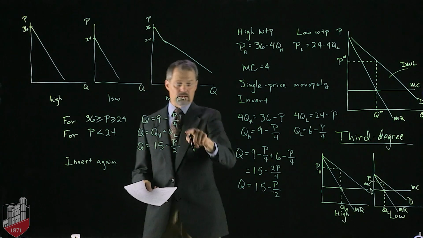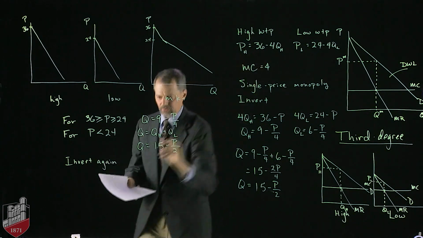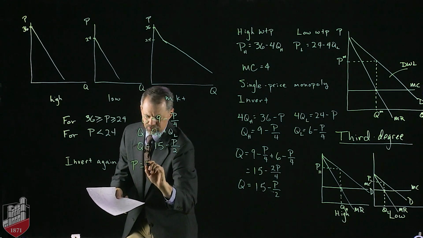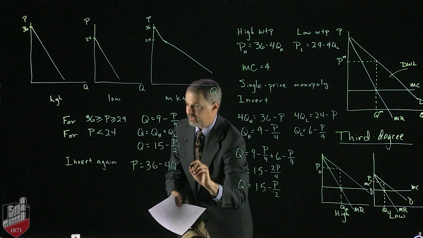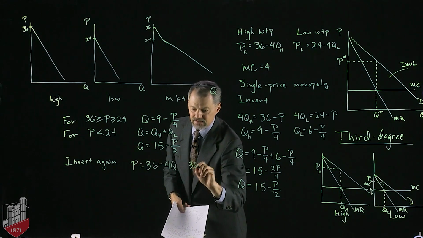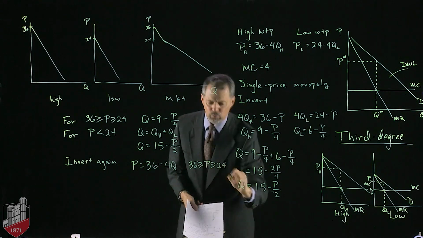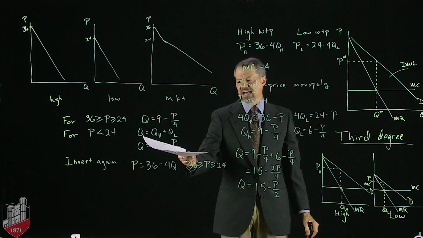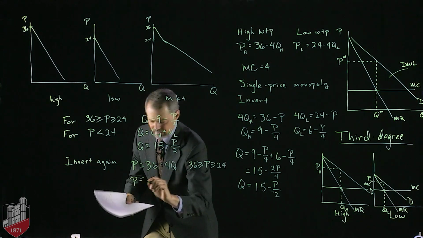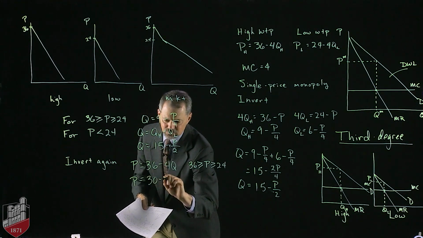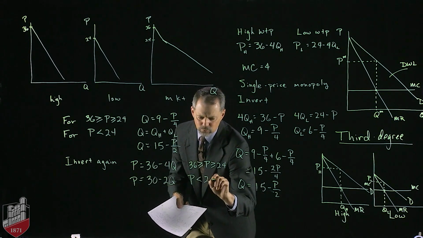We get the original. If we invert that, we get this, right? So that's P equals 36 minus 4Q, and that's for any price in this range, 36 greater than or equal to P greater than or equal to 24. And if we invert that, right there, we're going to get 30 minus 2Q, and that's for P less than 24.